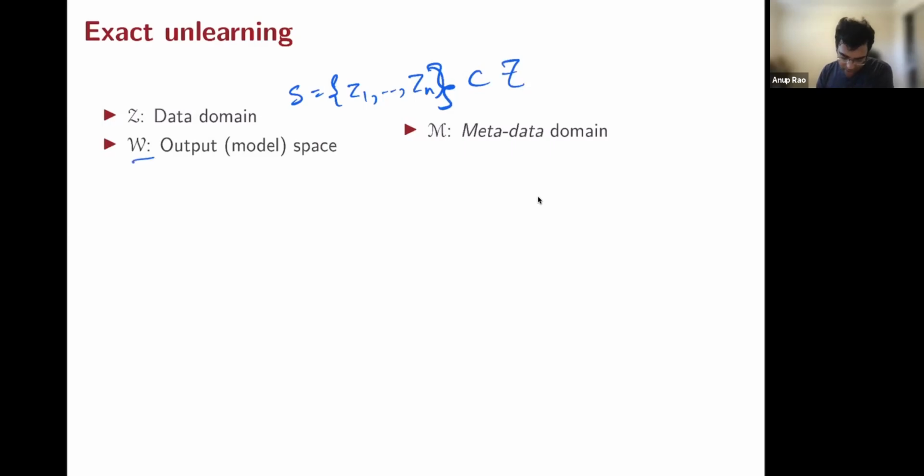The model we learn lies in the space W. In the logistic regression case, say, the model is represented as a vector in R^d, so W can be R^d if there are no constraints. We'll also sometimes need to store some metadata corresponding to the internal state of the algorithm at various snapshots during the training.